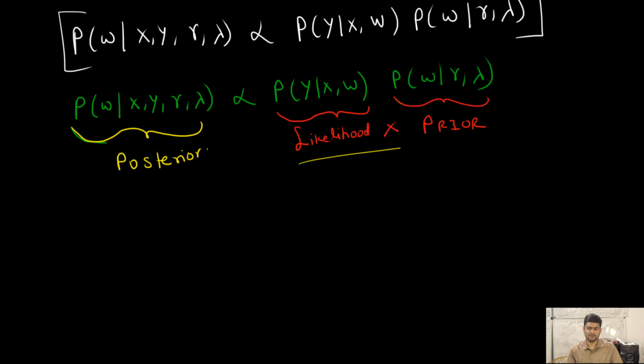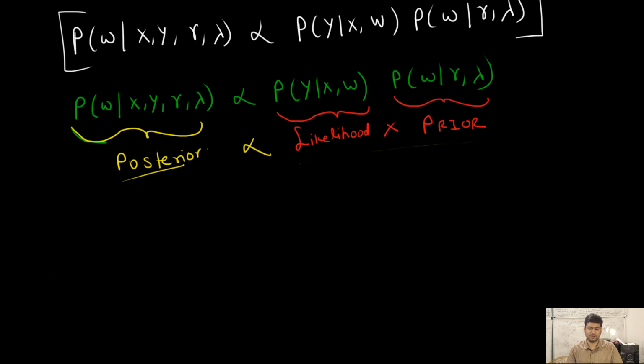If we divide by the normalization term, then we can replace the proportionality with an equal sign. Since this normalization term doesn't play any role, we'll just keep the proportionality sign.